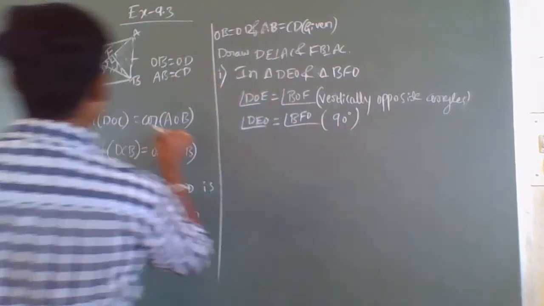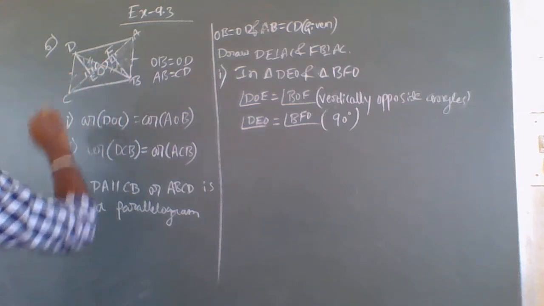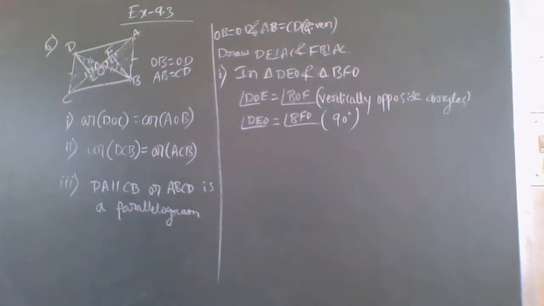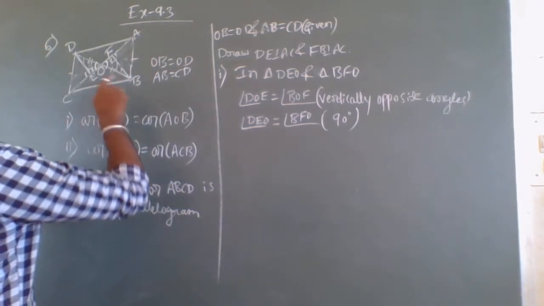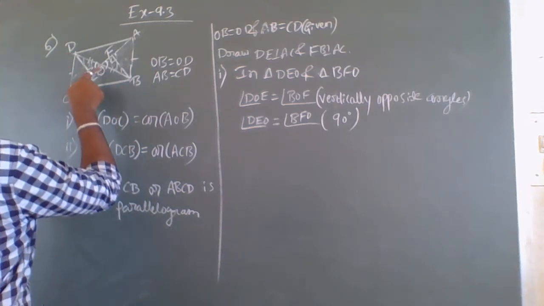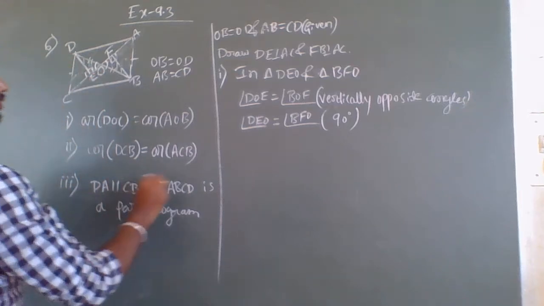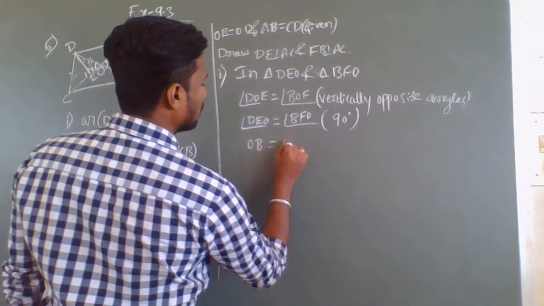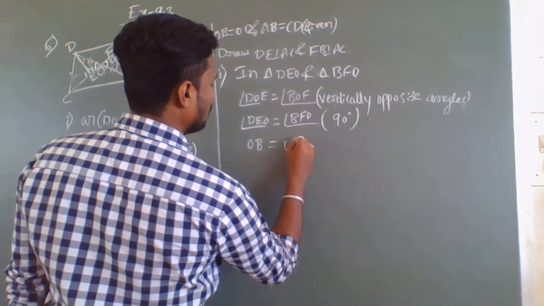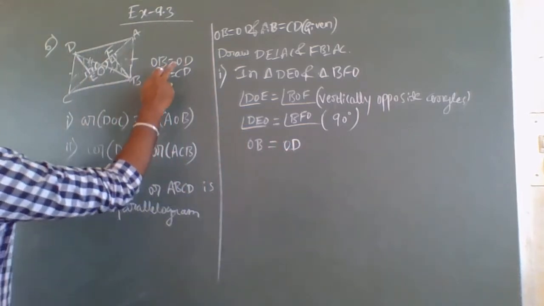These two angles are 90 degrees because these two are perpendicular to AC, and they have given that OB is equal to OD.